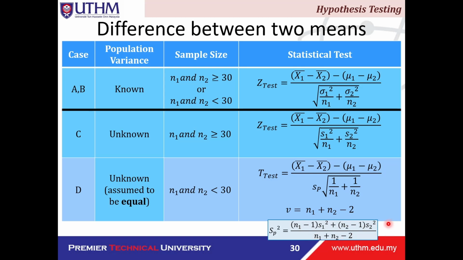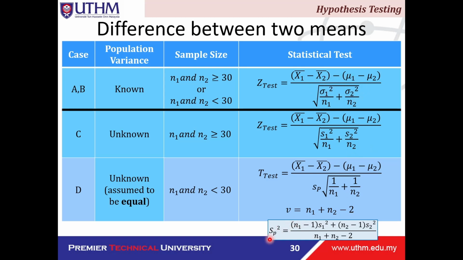This means both population variances are unknown but equal, sigma 1 squared equals sigma 2 squared, but their values are unknown.